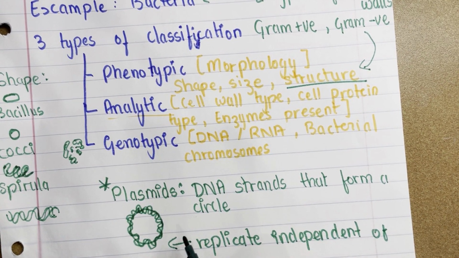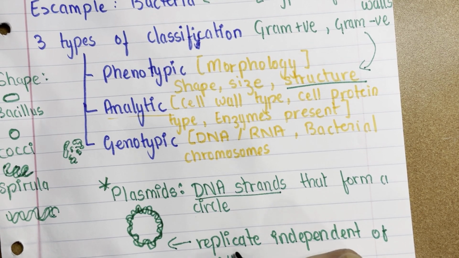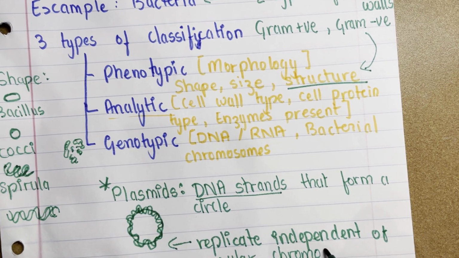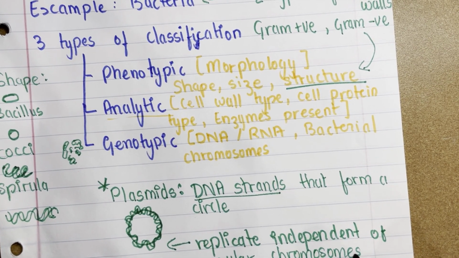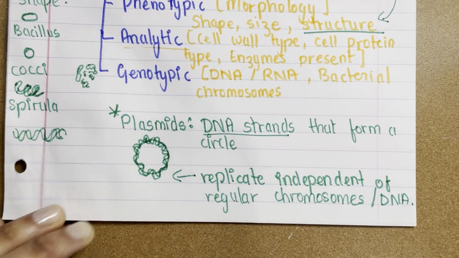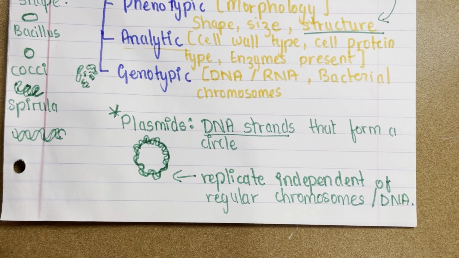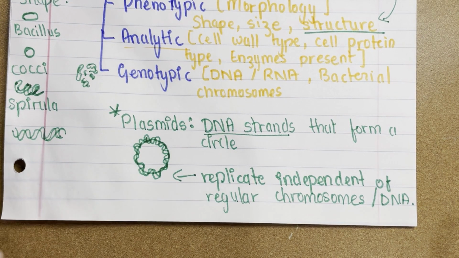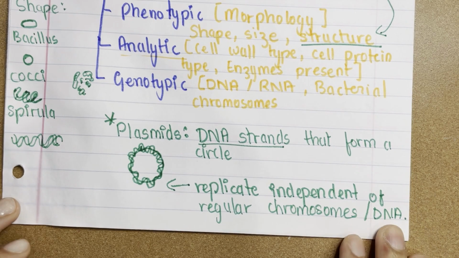Not chromosomes, my bad. They are extra sets of DNA which are completely independent of the regular chromosomes. So this is one of the unique features of bacteria, that they have plasmids.